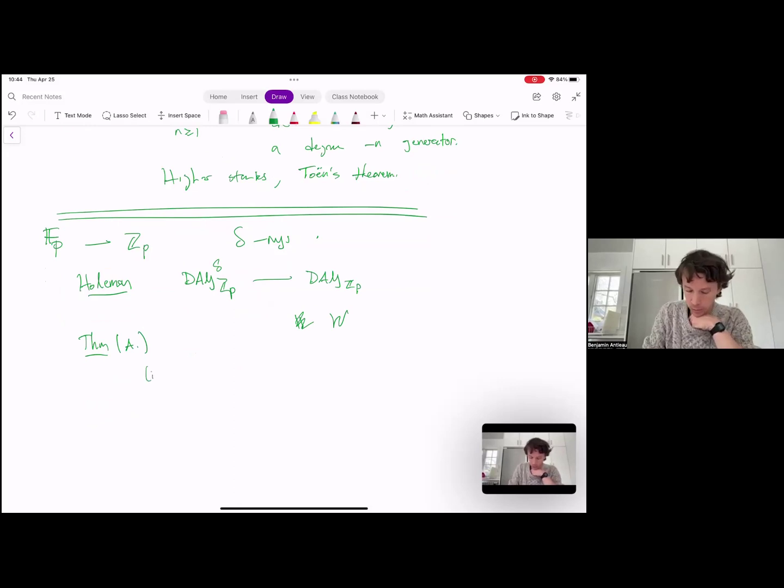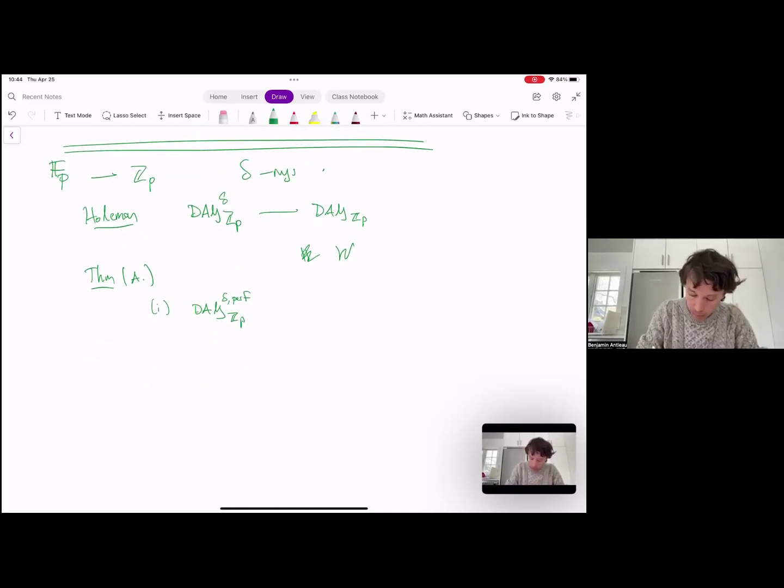But the theorem is, first of all, that every delta ring has an associated lift of Frobenius. If you look at the perfect delta rings, which means that this lift of Frobenius is an equivalence, and you look at the ones which are also p-complete, I'll denote that by this little wedge, this is actually just equivalent to derived commutative F_p-algebras which are perfect.